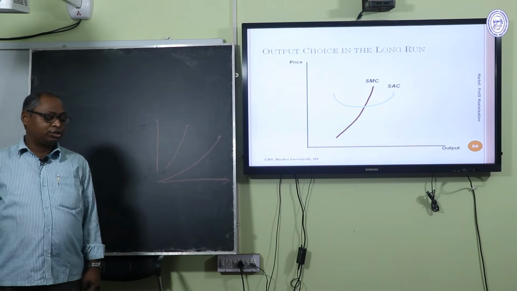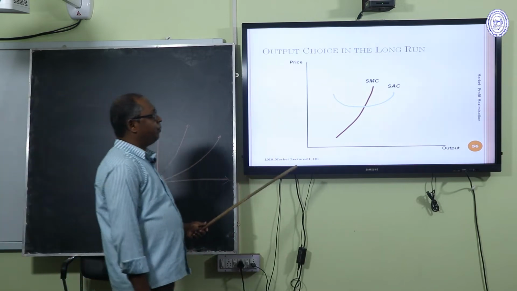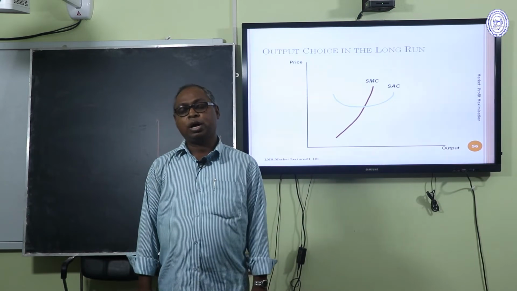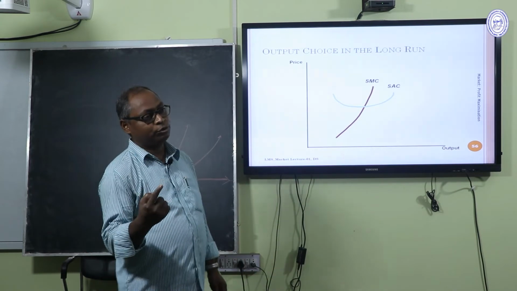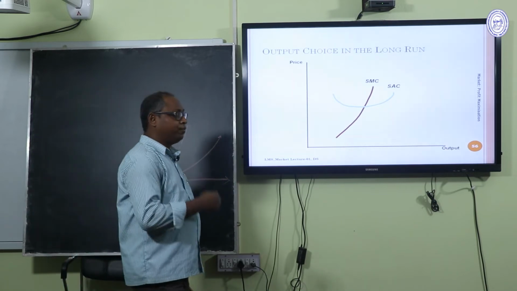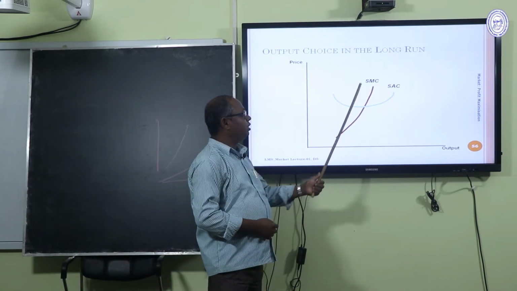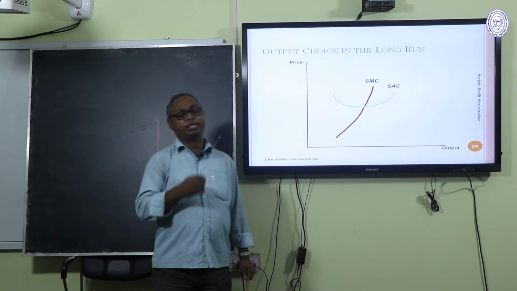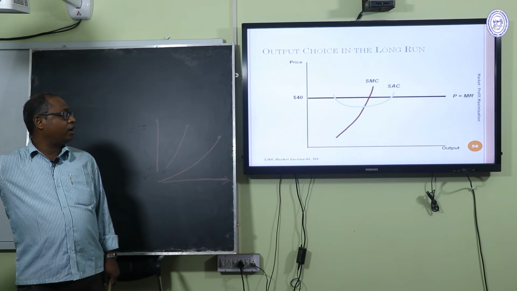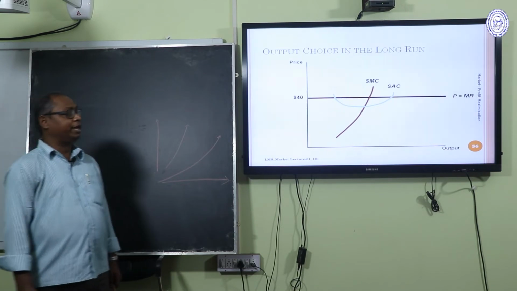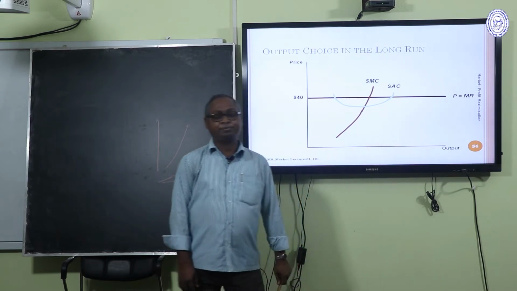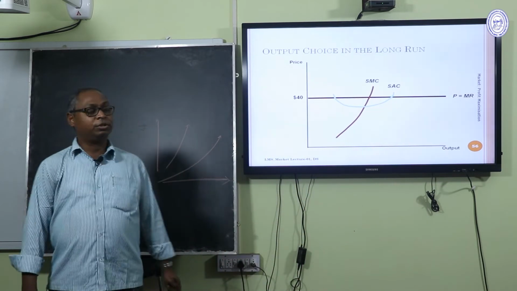So this is the short run SAC and SMC. Out of the whole market, if I choose one firm, say the ith firm, and the short run MC and AC curve of this ith firm is like that. Now, with respect to that firm, if the market price is here, remember it is the market price, P equals MR, then what will be the situation?